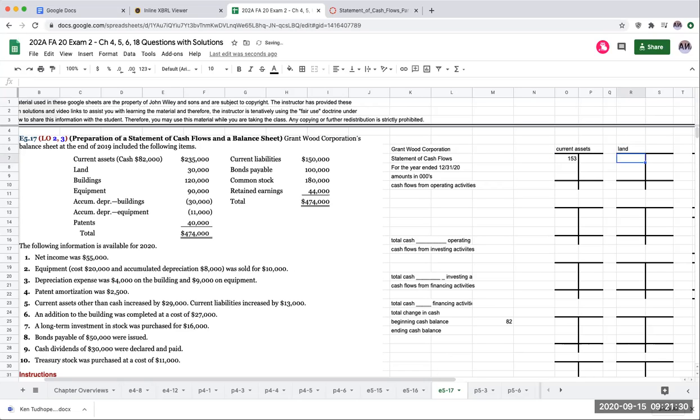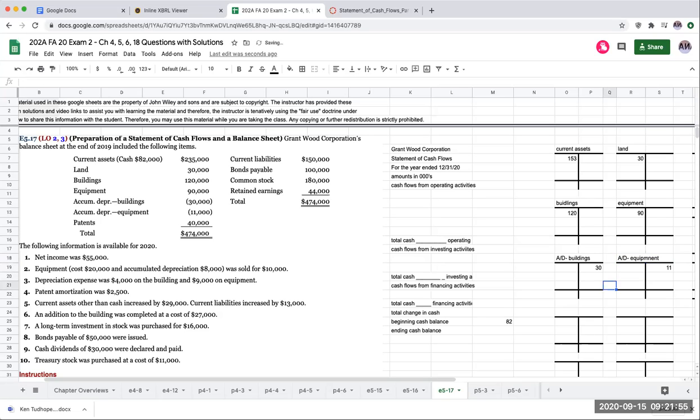I have land of 30. I have buildings of 120. I have equipment of 90. I have accumulated depreciation on buildings, beginning balance of 30. I have accumulated depreciation on equipment of 11.